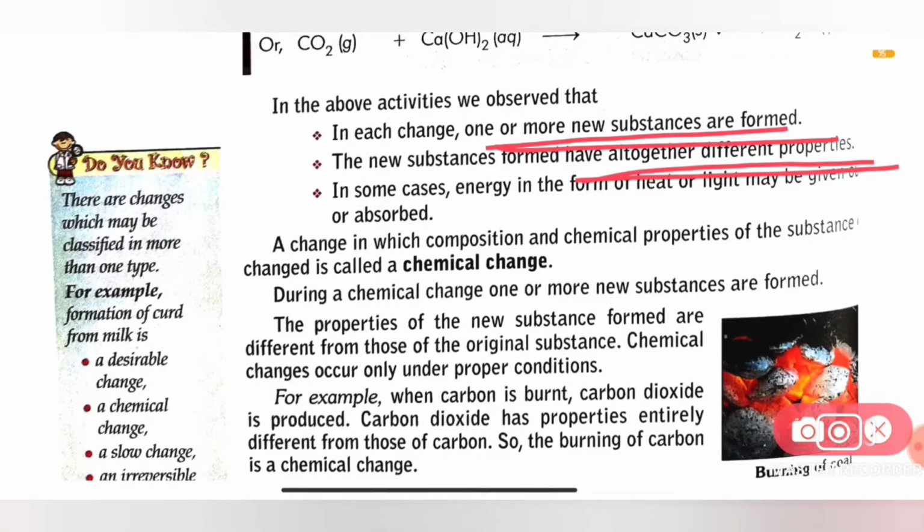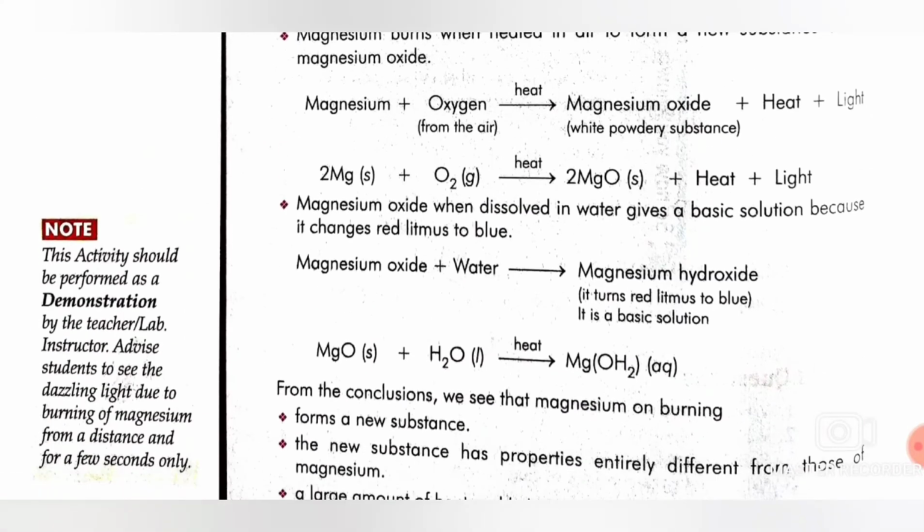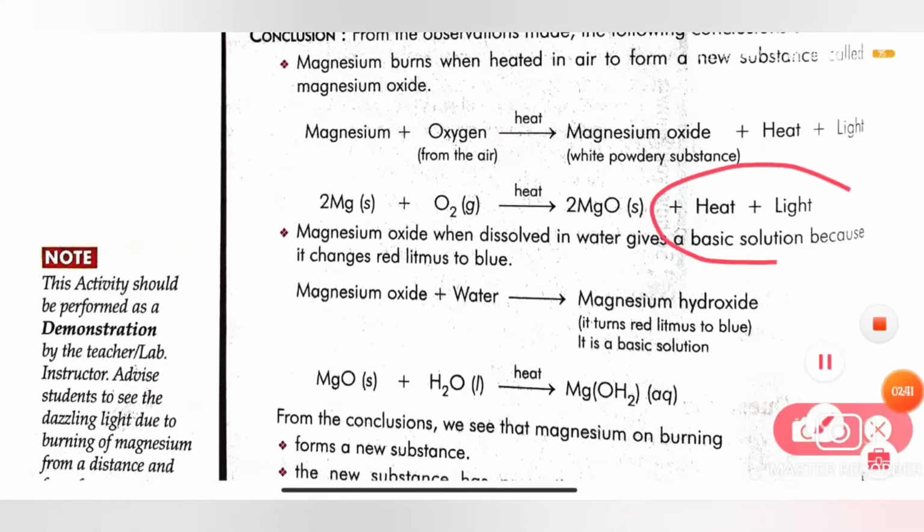In some cases energy is formed, or heat or light may be given or absorbed. Also you can see in this reaction that heat is formed. Heat has been produced, look, heat is formed, right?